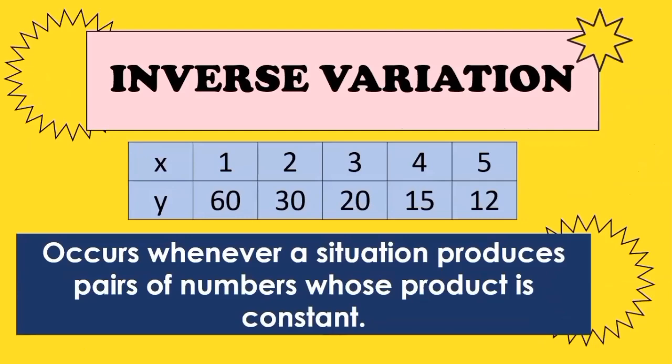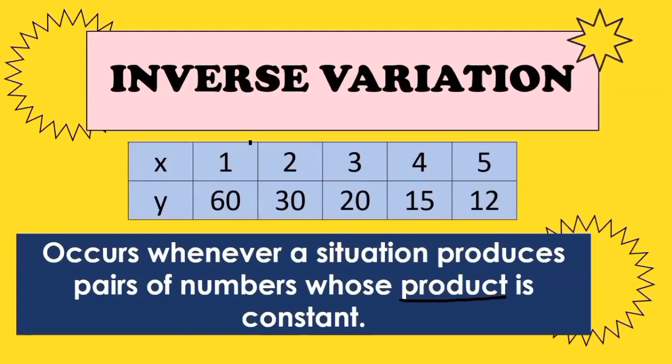So, to determine the constant of variation here, we are now talking about pairs of numbers with a constant product. If in direct variation the constant is the quotient, this time it is the product, and it is obtained by multiplying the pairs of numbers from the table.